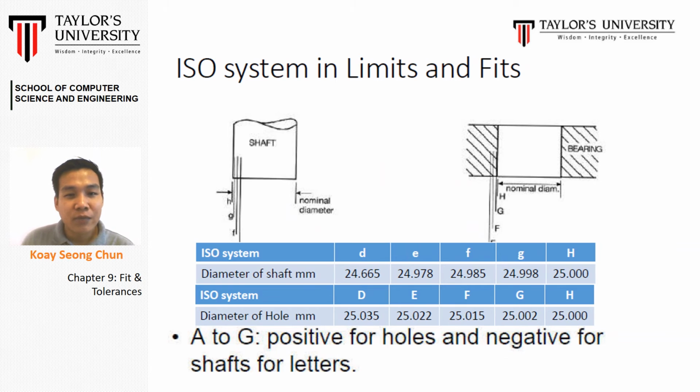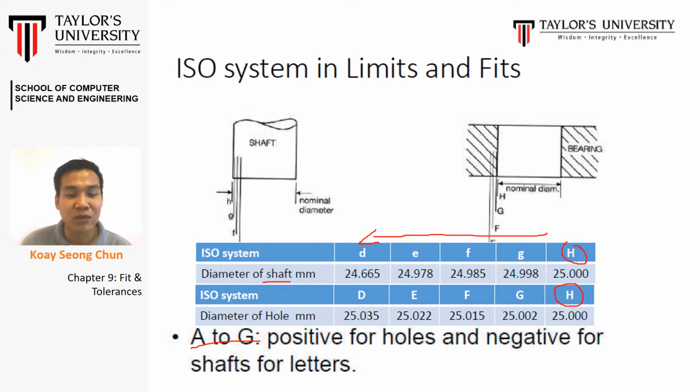For the ISO system also, usually H refers to the basic dimension or the original dimension of the shaft or the hole. If the alphabet is before H, like A to G, for the shaft system it means the shaft must have a lower limit of the tolerance.